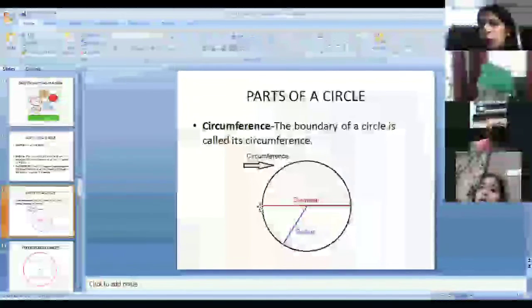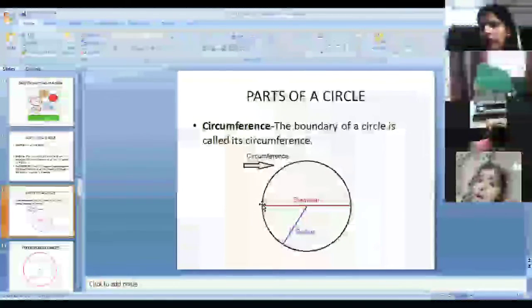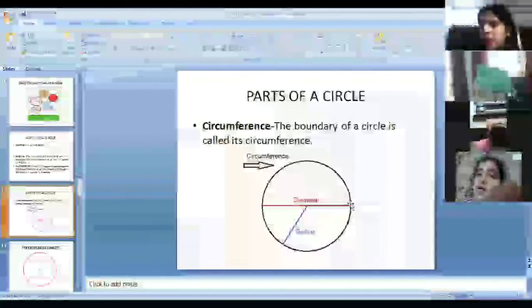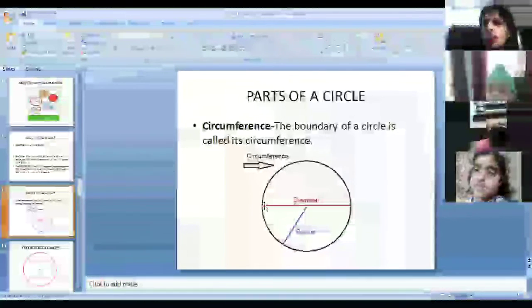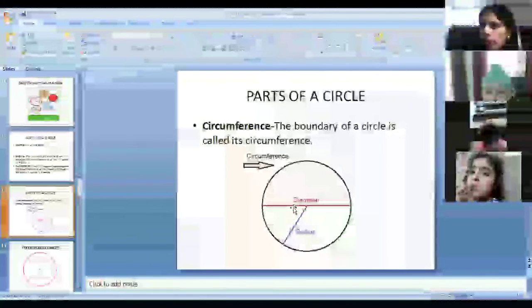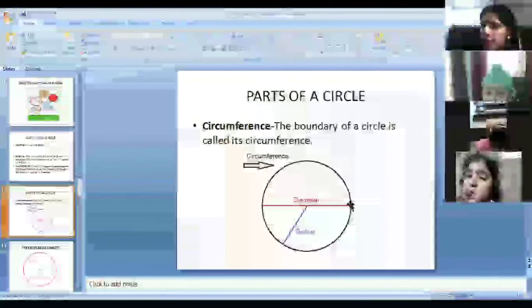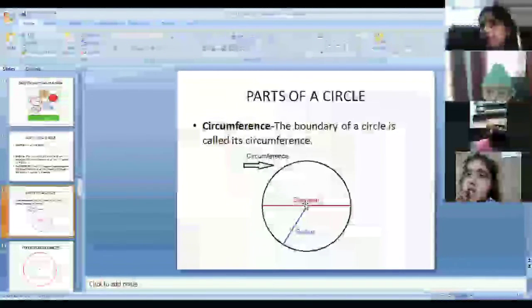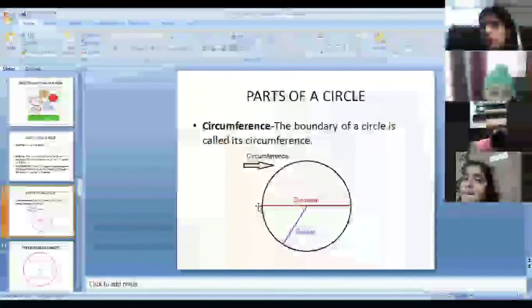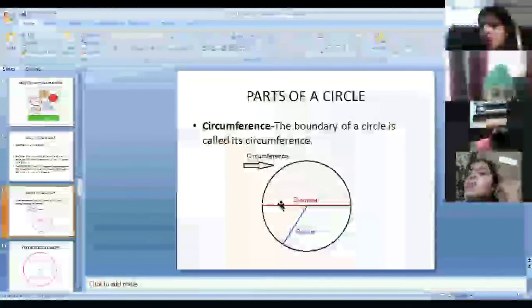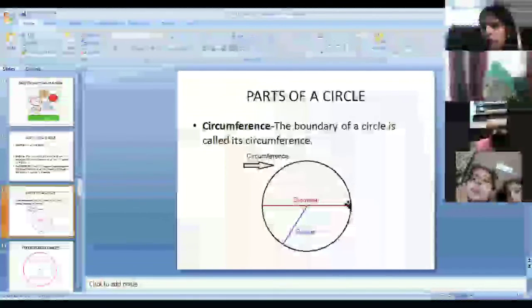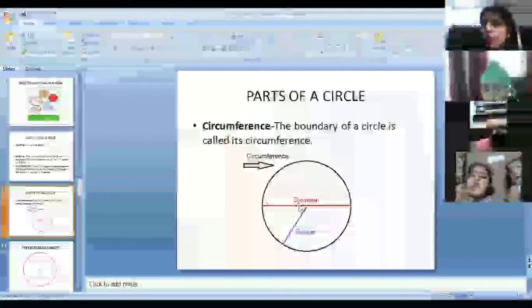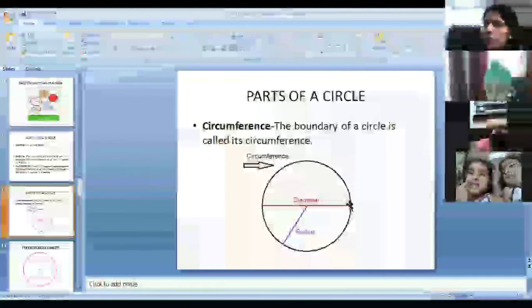Suppose I take 2 points, A here and B here, on the circumference, on the boundary of the circle. A line joining 2 points on the circumference passing through the center. It should pass through the center of the circle. It is known as the diameter of a circle.